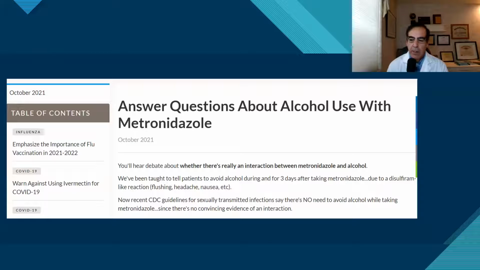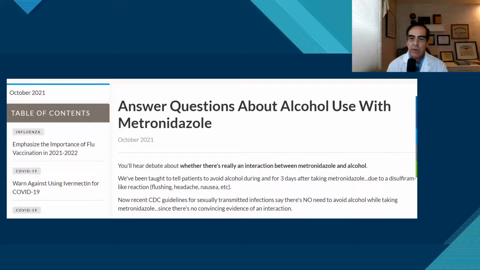That would be intentional if you were trying to administer disulfiram itself and stop the patient from wanting to consume alcohol. But in this case, it's an unintended interaction, and we've been taught that the two should not go together.